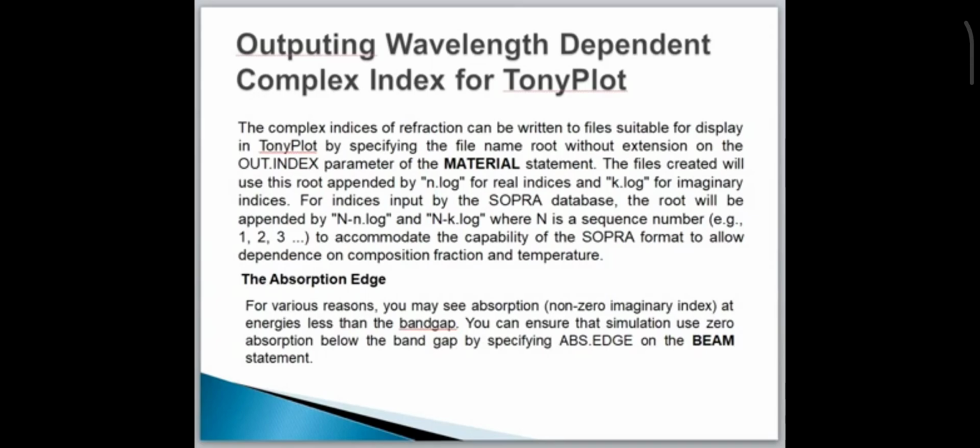For indices input from the SOPRA database, the root will be appended by nn, that is n capital and small n, dot log, and capital N hyphen k dot log, where n is the sequence number from 1 to any, to accommodate the capability of the SOPRA format to allow dependence on the composition fraction and temperature.